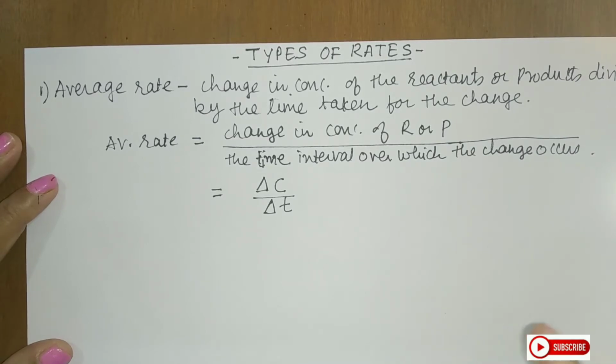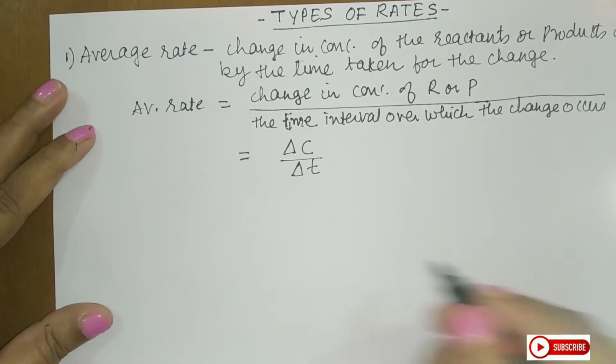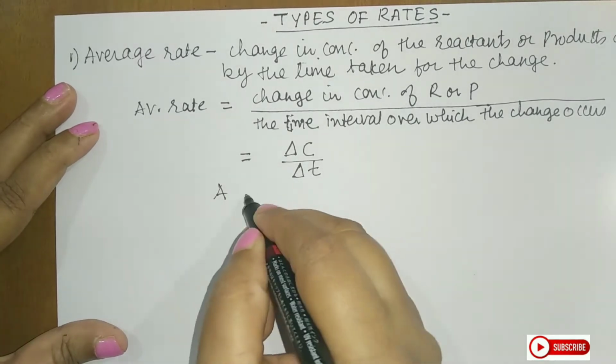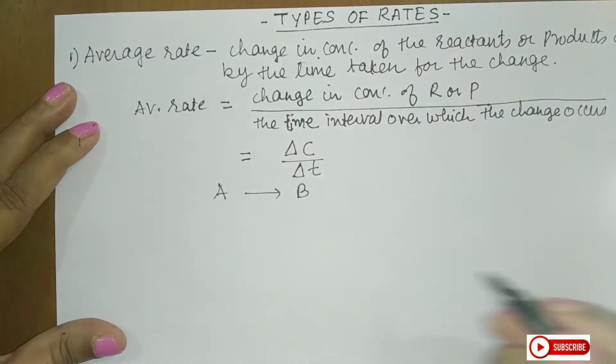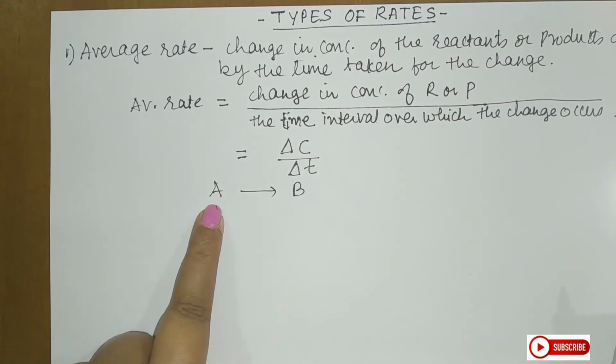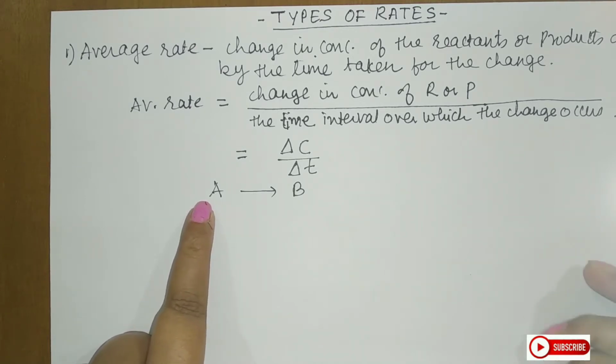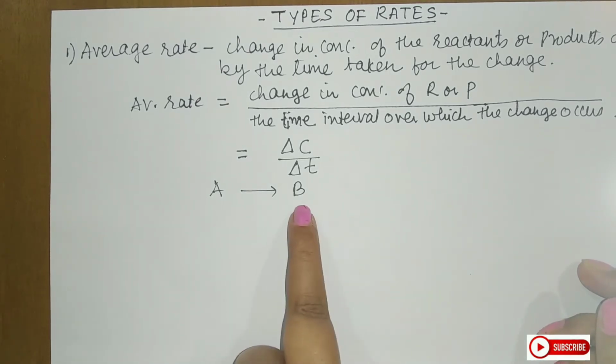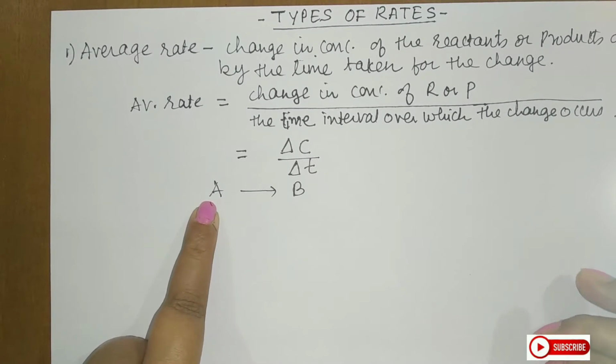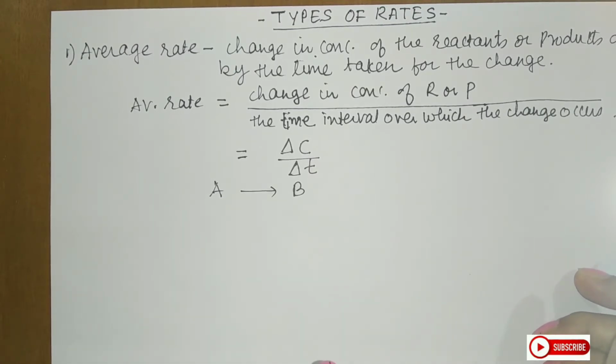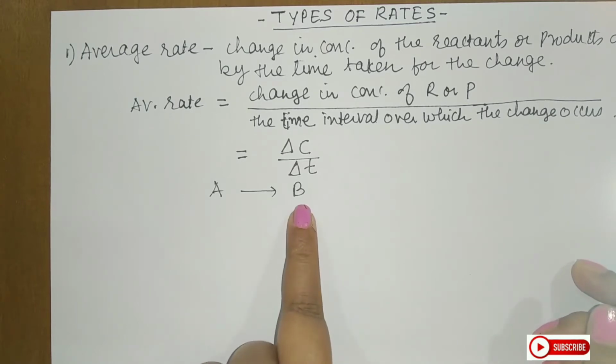To understand this better, let us take an example: A goes to B. You know students, A is the reactant here and its concentration will decrease with respect to time, while B is the product here and its concentration will increase with respect to time. To denote the decrease, we use a minus sign or the word consumption or disappearance, while for the products we use plus sign or formation or appearance.